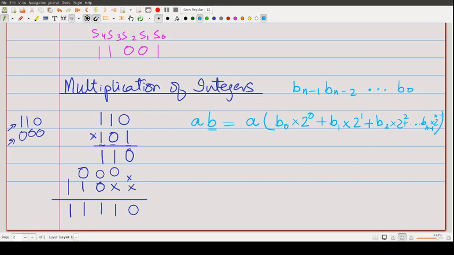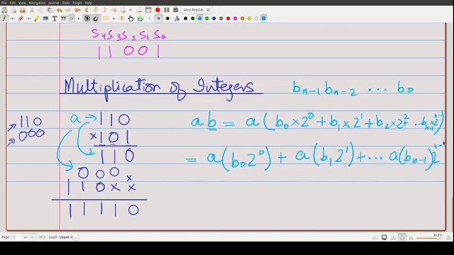Okay. So the reason I have not expanded a is that if this is my a, I don't need to expand it. I can write it as it is, or I can write 0, 0, 0 depending on what my digit is. Okay. And so we can expand this by writing a times b is equal to a times b naught 2 to the power 0 plus a times b1 2 to the power 1 plus dot dot dot a times bn minus 1 2 to the power n minus 1.